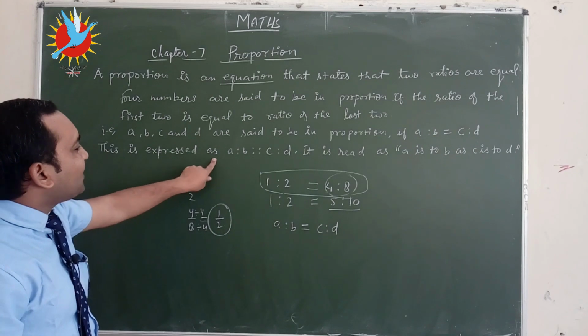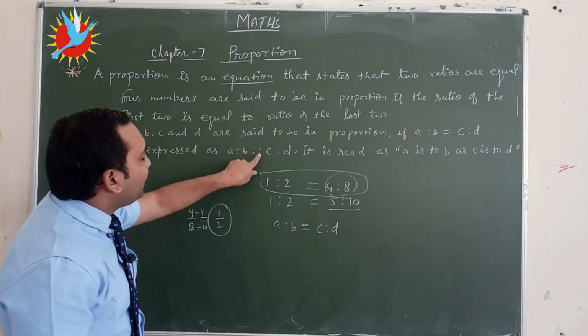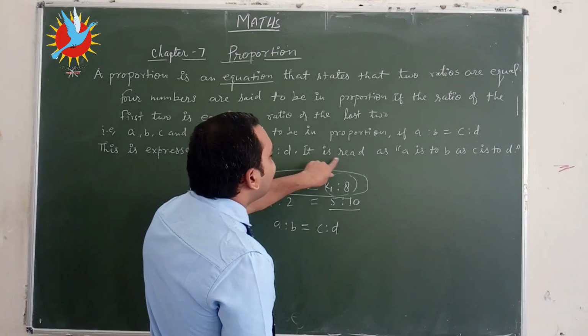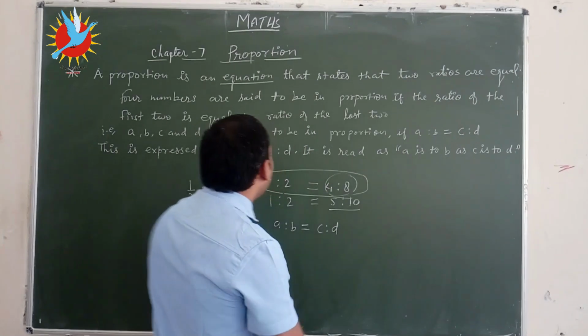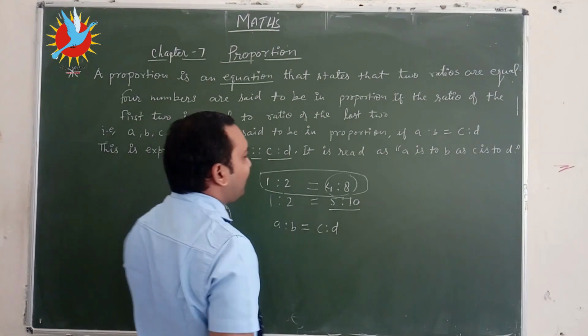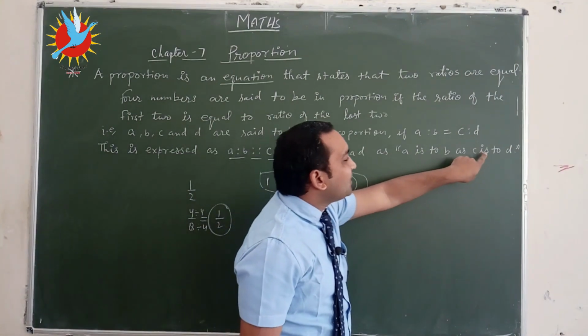This is expressed as A is to B proportion C is to D. It is read as A is to B as C is to D.